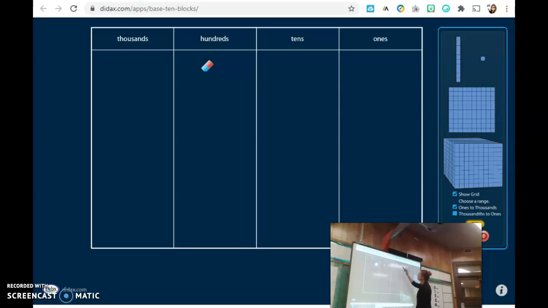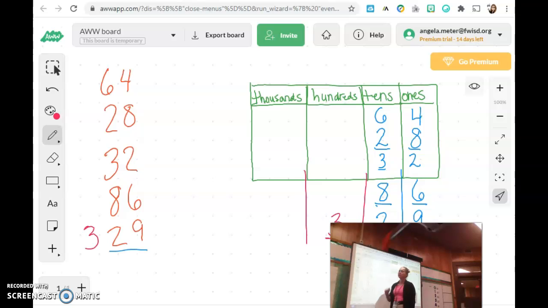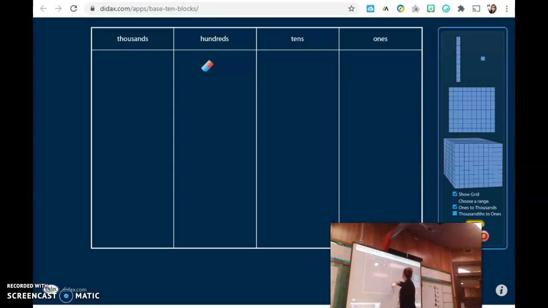Okay? Let's change one of the other numbers. So let's pretend 64 was instead, let's put a 5 there, 564. So it's not 64 anymore. Now I have a 5 here. So now I need to make all those blocks. So I need 5 flats. Remember, my flats are my hundreds.